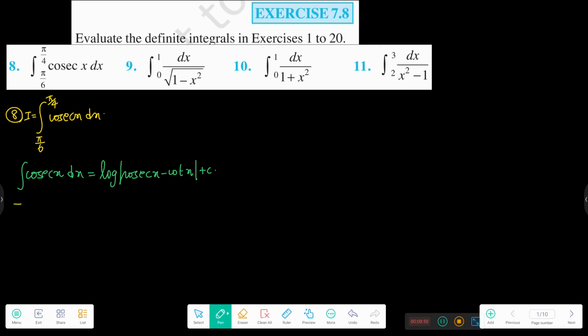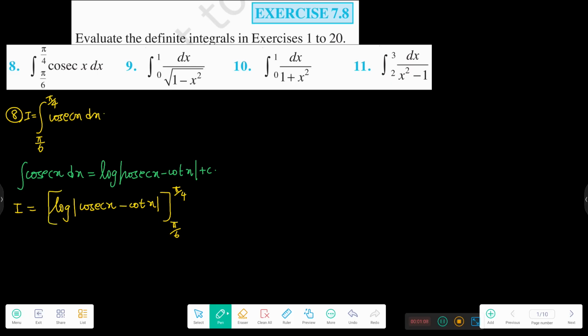Okay. So the same thing I'm going to use here. When you apply the integral, what am I getting? Log of modulus cosecant x minus cot x, limits pi by 6 to pi by 4.